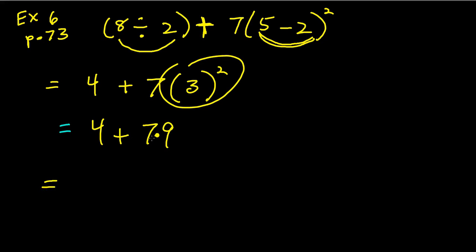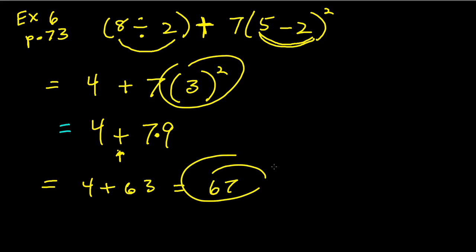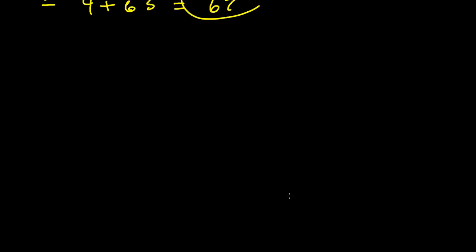Now what? 4 plus 7? No, this gets done last. Please wait to do that addition. 4 plus what? 7 times 9 is 63. And of course, 4 plus 63 then is 67. Okay? That's example 6. Let's do example 7, same page.